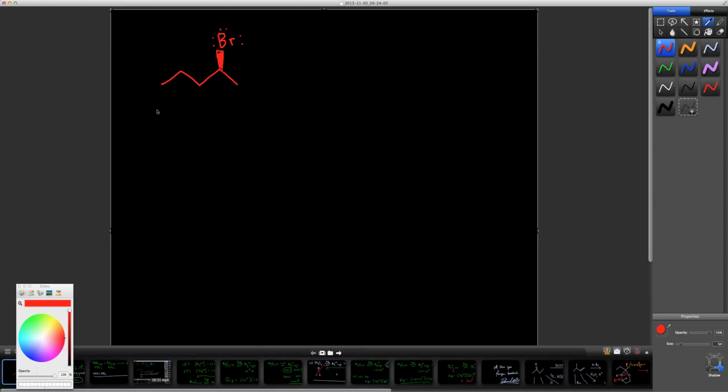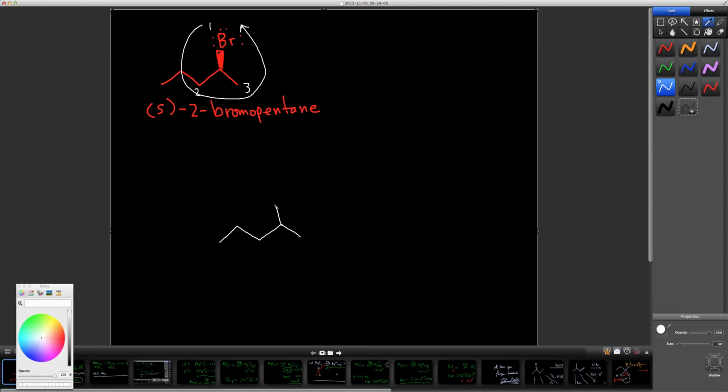This compound is going to be S-2-bromopentane. It is S because if we look at our priorities, the low priority is oriented away from us. As we go from 1 to 2 to 3, we are moving counterclockwise. So S-2-bromopentane.